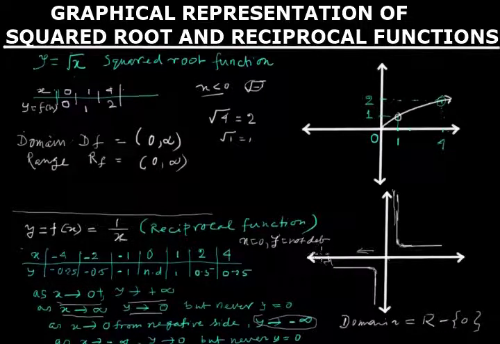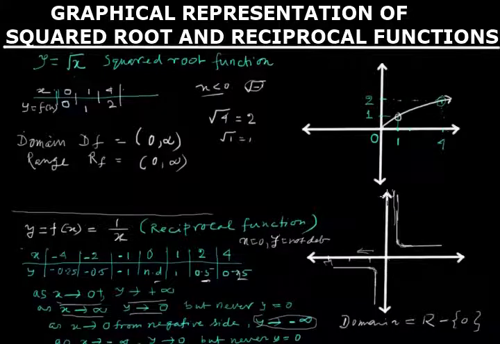Then x equal to minus 2, it is minus half, that is minus 0.5. When x equal to minus 1, it is minus 1. When x is 0, not defined. When x is 1, 1 by 1 is 1. When x is 2, y is equal to half, so we are getting 0.5. When x equal to 4, y is 1 by 4, we are getting 0.25.